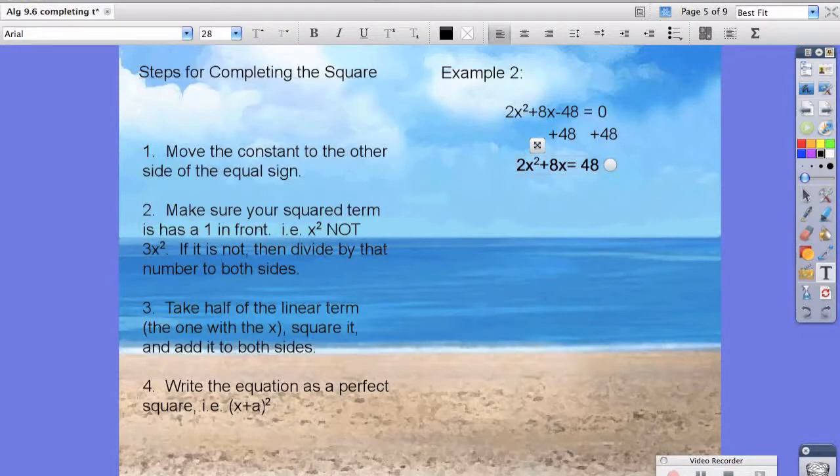Step 2 says to make sure the number in front of the x squared term is a 1. Unfortunately, ours has a 2. So we're going to divide everything by 2 on both sides, and we're left with x squared plus 4x equals 24. Now the squared term has a 1 in front, and we can proceed.